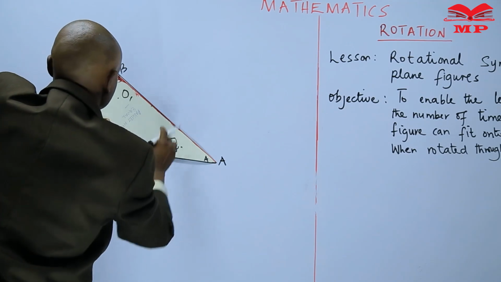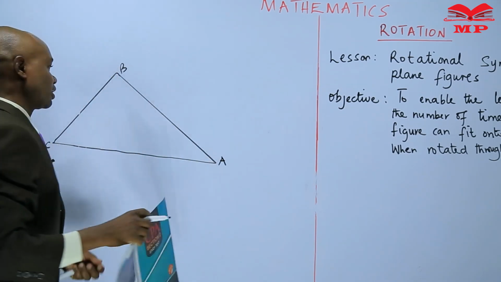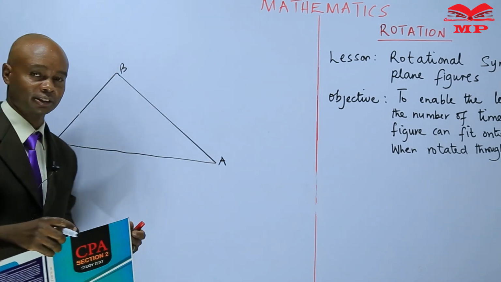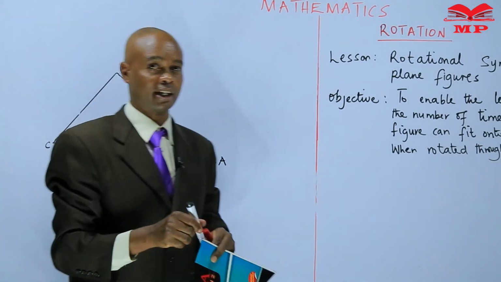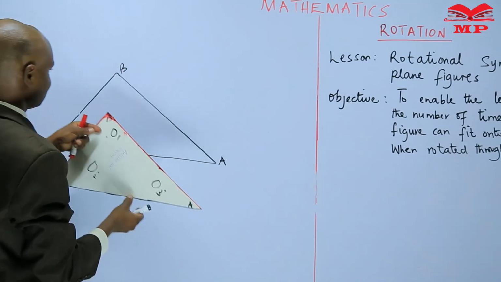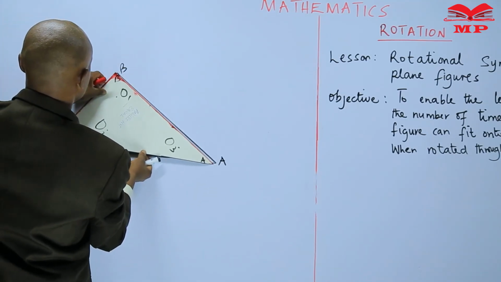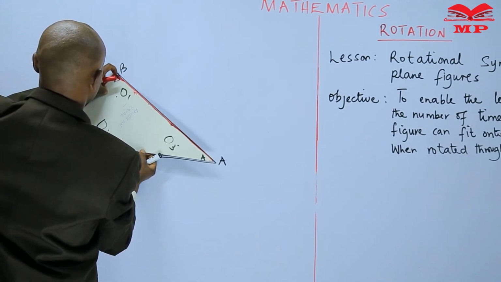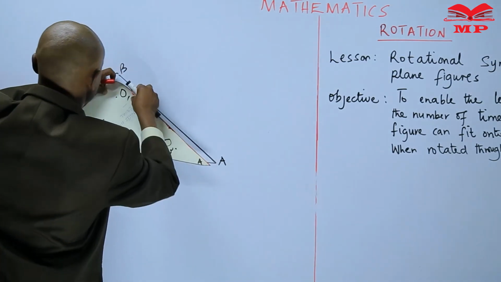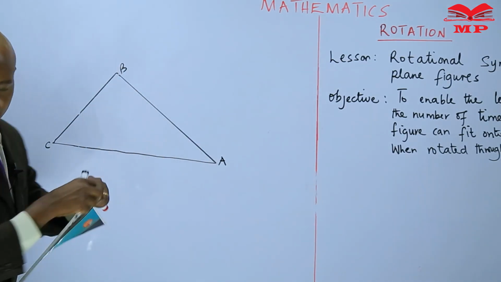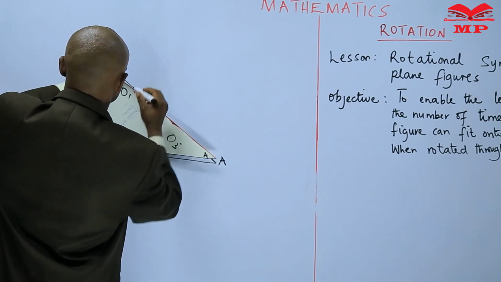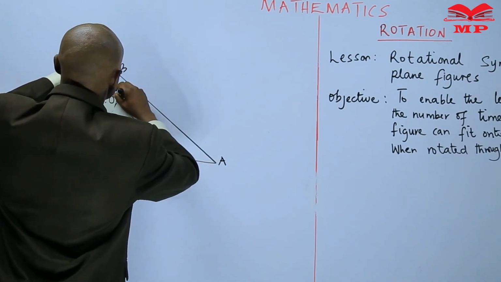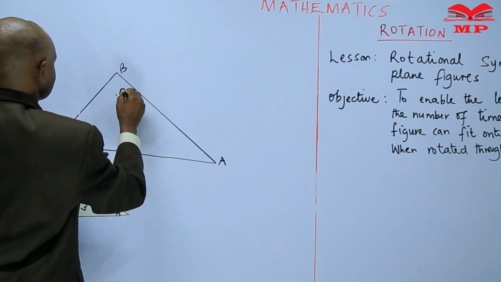So I've traced it. From the traced figure, O1, center 1, is somewhere here.